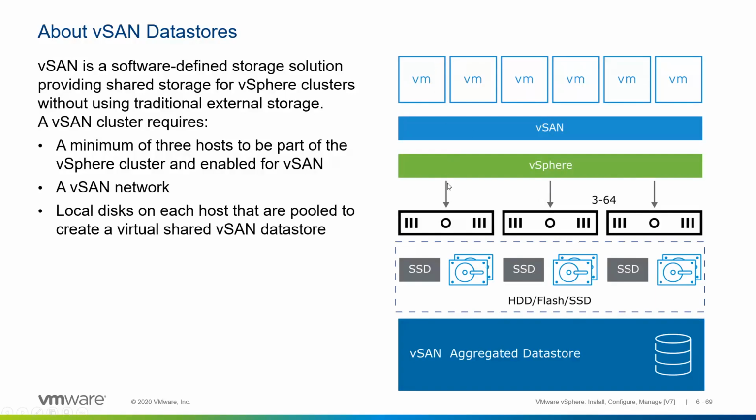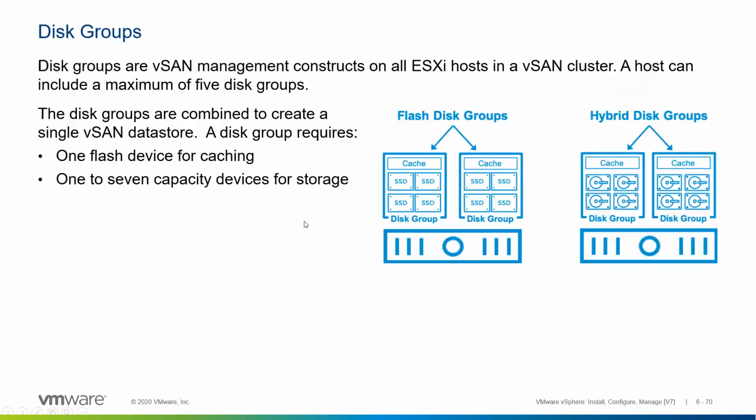That way, one virtual machine that's writing to one drive is actually also writing to the other three at the same time. So here you have your cache, which is high-speed SSDs like Optane or their alternative.